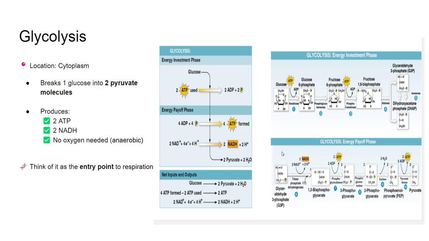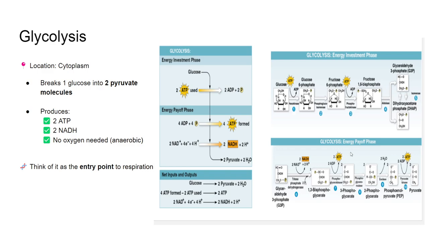And remember how we were talking about redox reactions, which were the movement of electrons? Kinase is the transfer of phosphates. Well, dehydrogenase is the enzyme that helps us transfer electrons in redox reactions, basically.